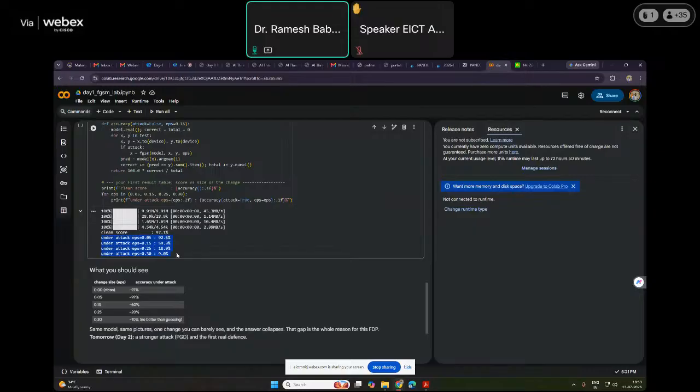Whenever someone reproduces your result, they must get the exact results that you are claiming in your paper. Here I have said what you should see is this much, and what I am getting is this. Why is there this difference? Because I have not set the seed for this particular code snippet. So the basic idea is that you should always set a seed before implementing your attack, so that you have deterministic results that you are going to report in your paper.